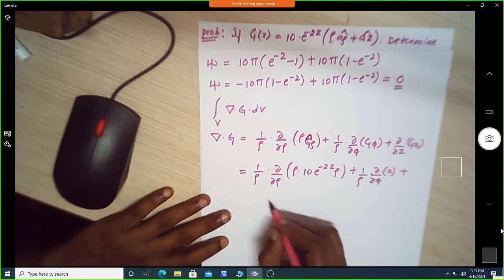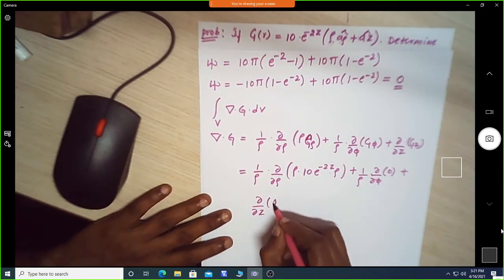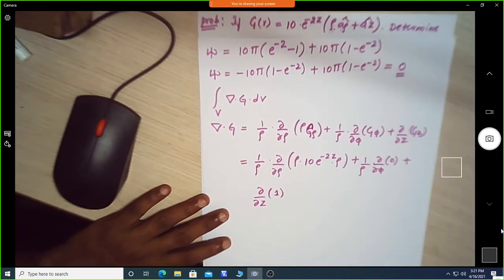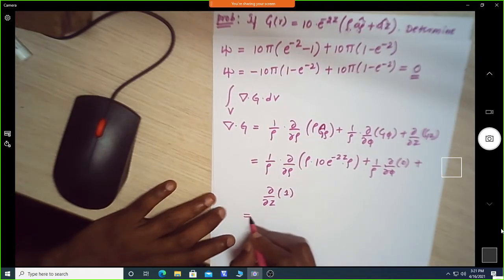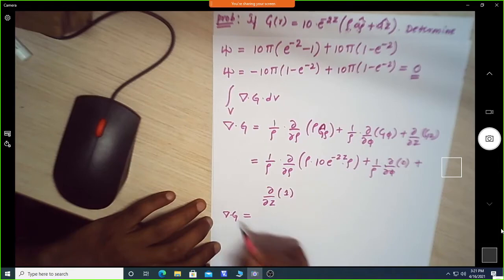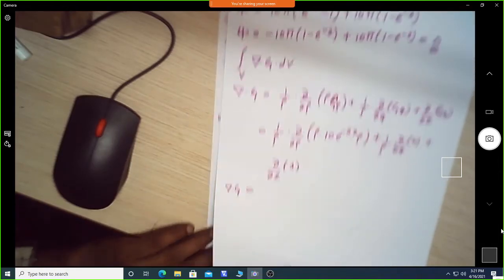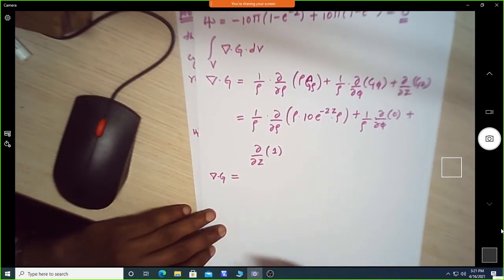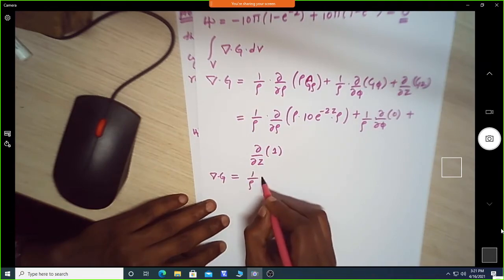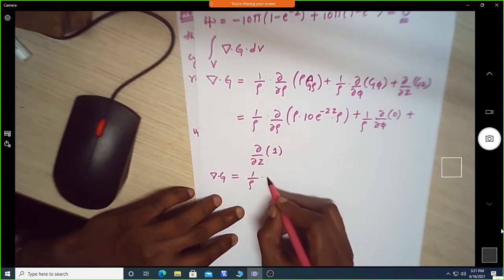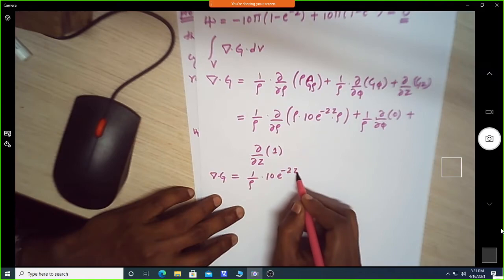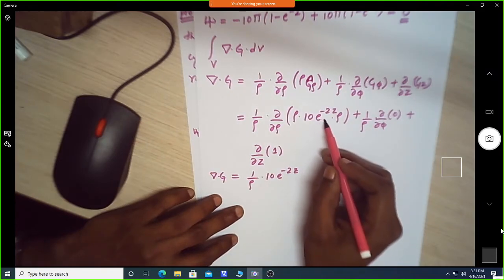And similarly the z component, del by del z of Gz, which is nothing but 1. Now if you evaluate this del dot G, 1 by rho into 10 e power minus 2z, which is constant, we can take out.